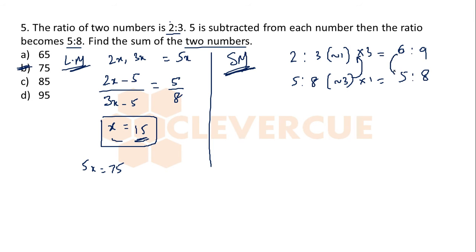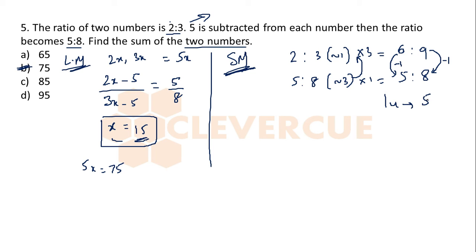Here you can see that from 6 to 5 the difference is 1, and here also the difference between 9 and 8 is 1. So this means that this 1 unit is reduced because we have subtracted 5 from those two numbers. So 1 unit is equal to 5.